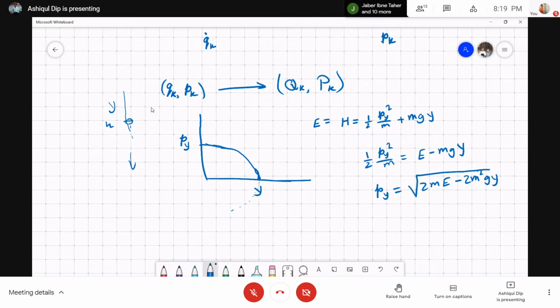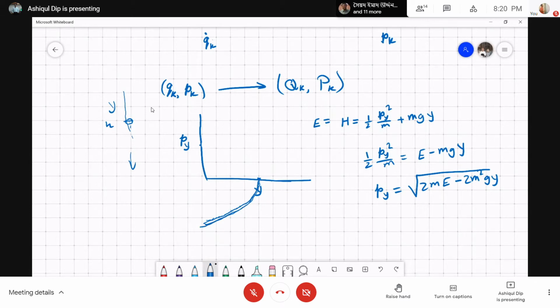But here we need to pick which one is true. Does py become positive or negative? Negative. It becomes more and more negative, right? So this branch is not true, basically. So it should be this one. But the upper one is also a possibility.